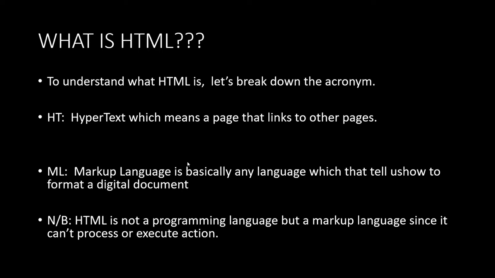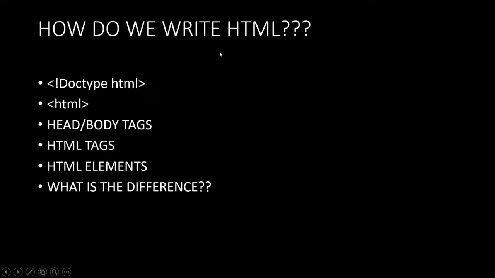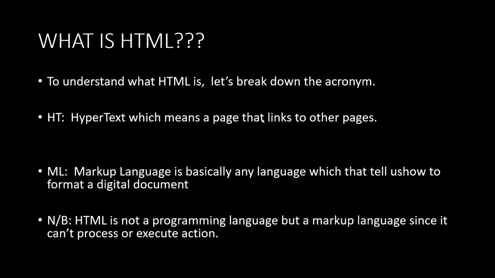And ML stands for markup language, which is basically any language that can help us display our digital document in a particular format. You also need to know that HTML is not a programming language but a markup language. A programming language is a language that can process and execute an action. HTML can't do that.